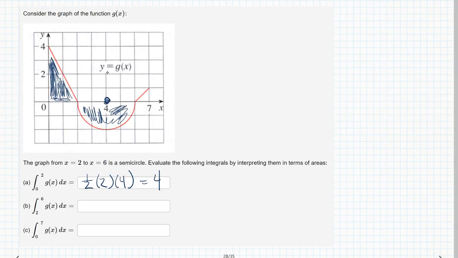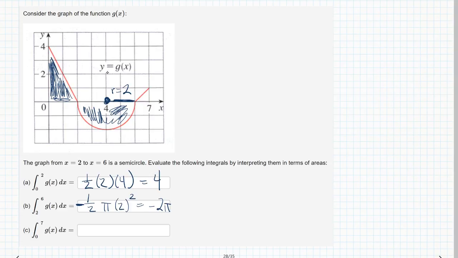And the radius, let's see how many units is that, the radius equals 2. So it's a half circle, that's why we have negative 1/2 pi r squared, with r being 2. So that makes negative 1/2 of 4 pi, so that makes negative 2 pi.